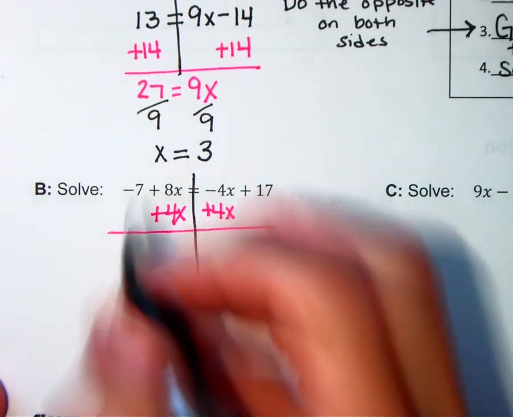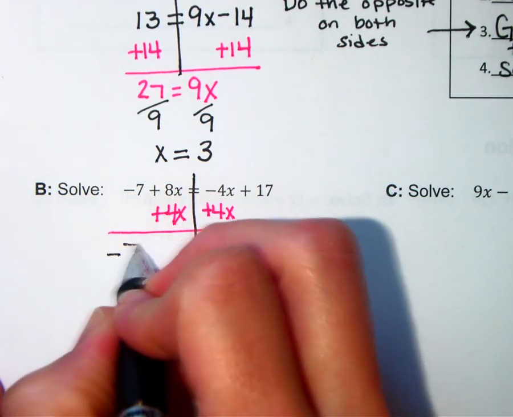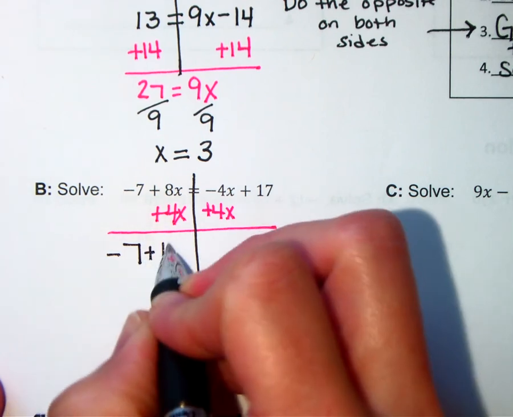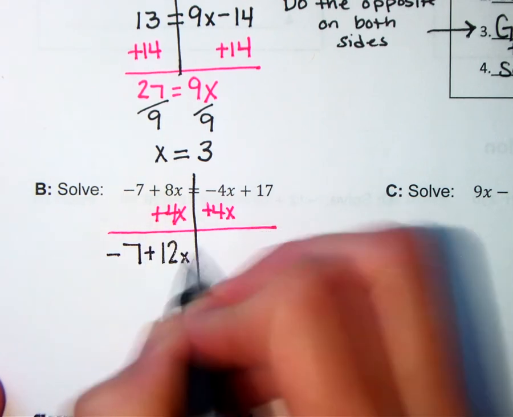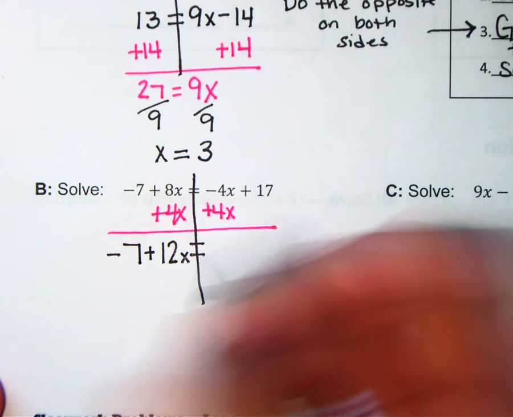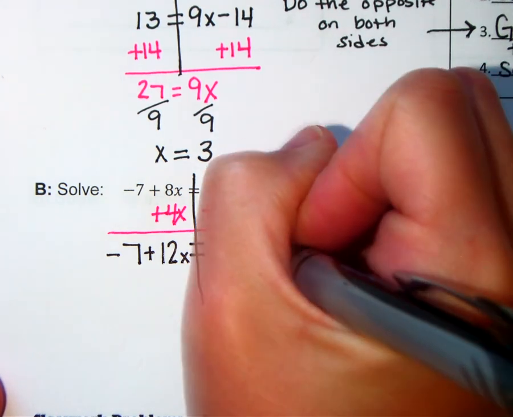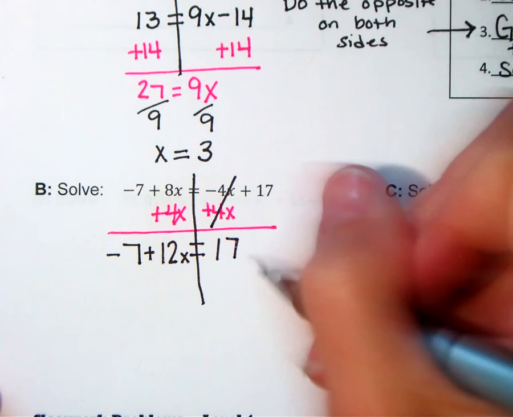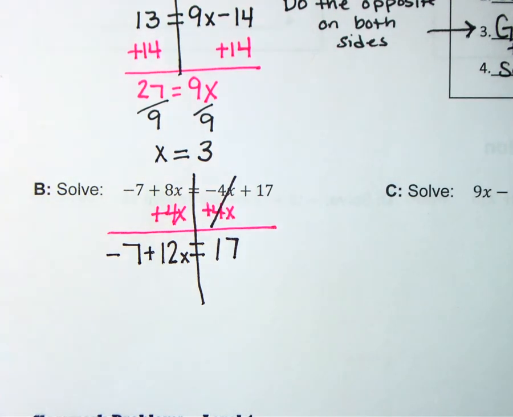Okay. I'm going to go from left to right. I'm going to bring down my negative 7 plus, add those two together, that's 12x equals, these 4's cancel each other out, so I no longer have x's on both sides. I just have them on one side now, and now I know what to do because we've been practicing that for a long time.